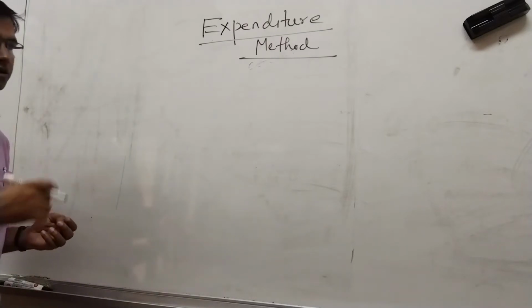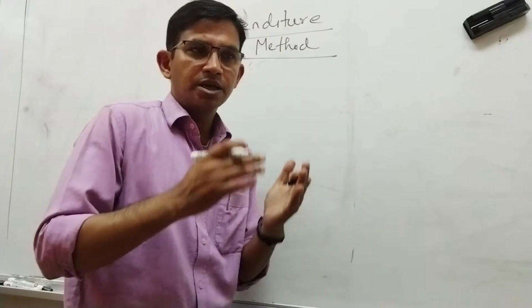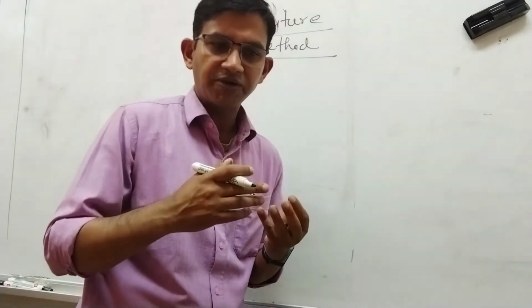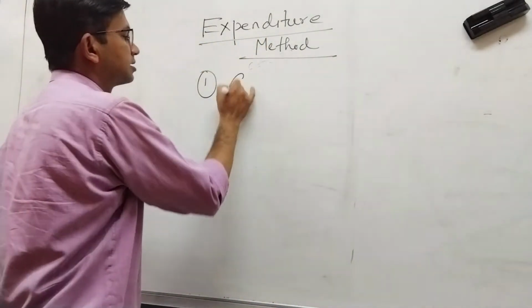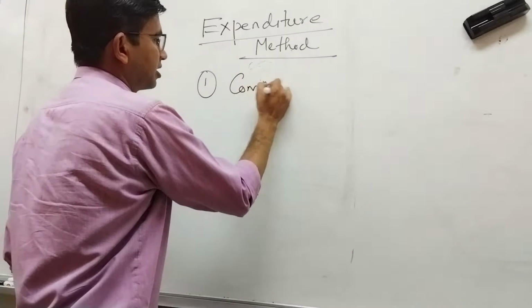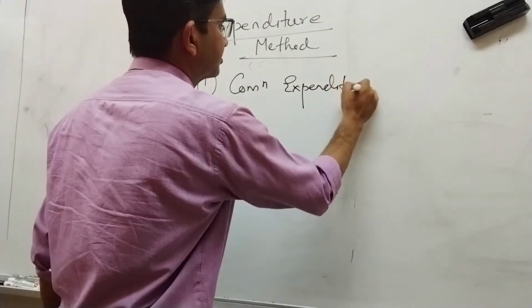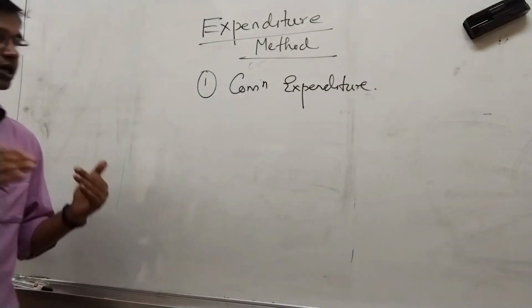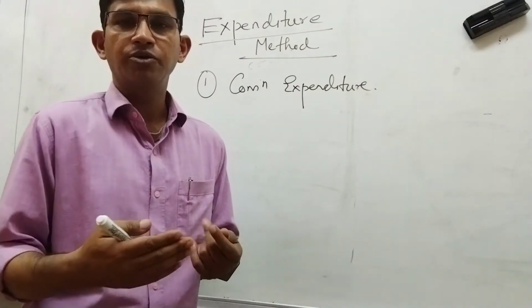Whenever we consider the total expenditure in a country, expenditures can be classified into 4 types. Number 1 is consumption expenditure. Remember that we call it consumption if this is the final usage of the good.